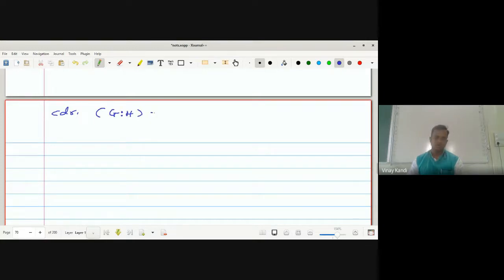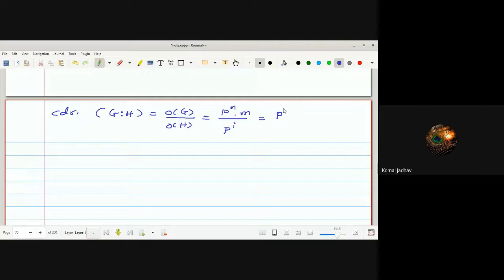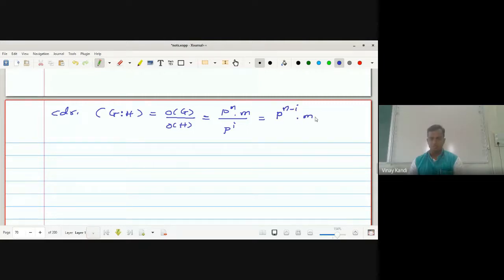What is this? The index of H in G is nothing but the order of G upon the order of H. What is the order of G? p raised to n into m. What is the order of H? p raised to i. So what is the power of p in the index? n minus i, sir, n minus i into m.